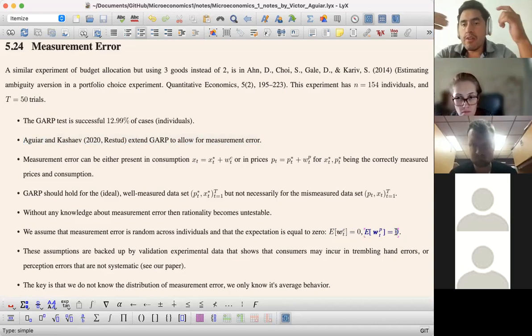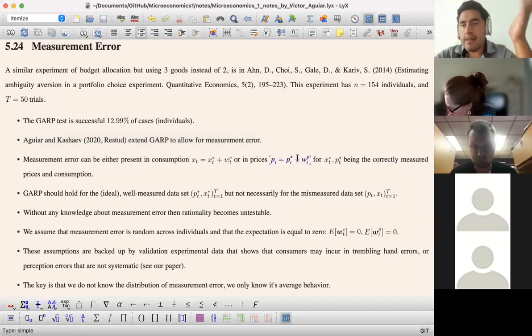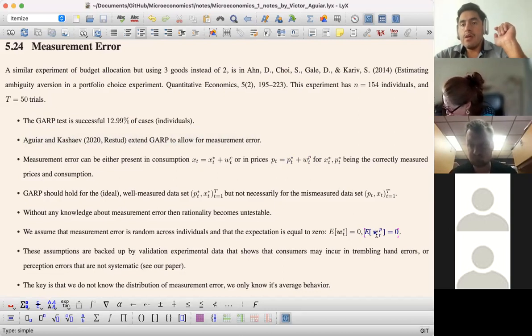So we're going to jointly test that consumers are rational, jointly with the fact that they are facing some random errors, possibly on the trembling hand or the trembling eye, such that these errors average to 0, okay? So they are non-systematic, okay?